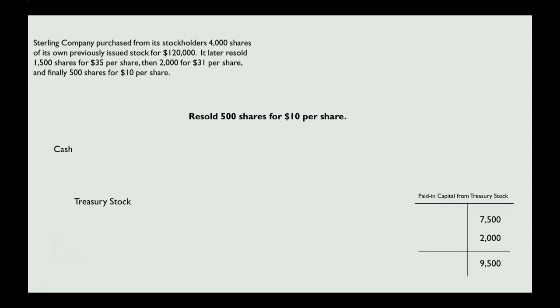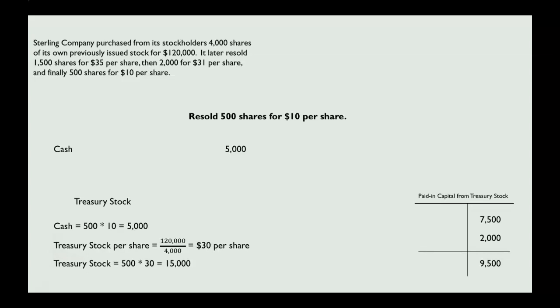How much are we going to debit cash for? Well, your 500 shares times $10 per share gets us that 5,000. So we'll debit our cash for 5,000. Treasury stock. It's still working off of that $30 per share amount that we calculated earlier. So 500 shares times $30 per share, and we credit our treasury stock for 15,000.